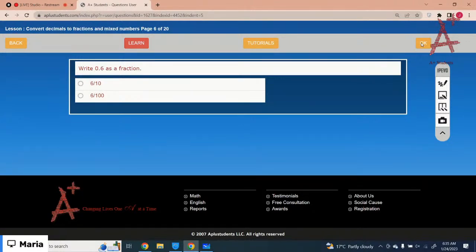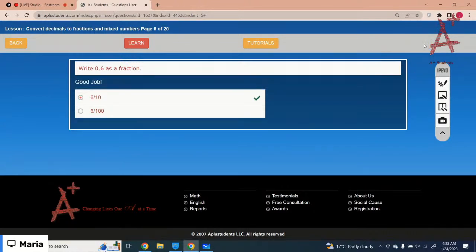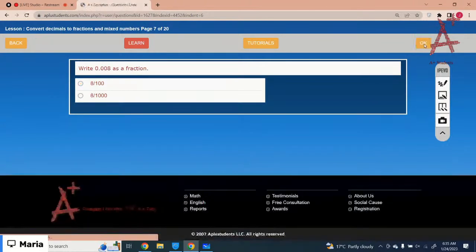It would be 6 divided by 10. Very good. Okay, write 0.008 as a fraction.